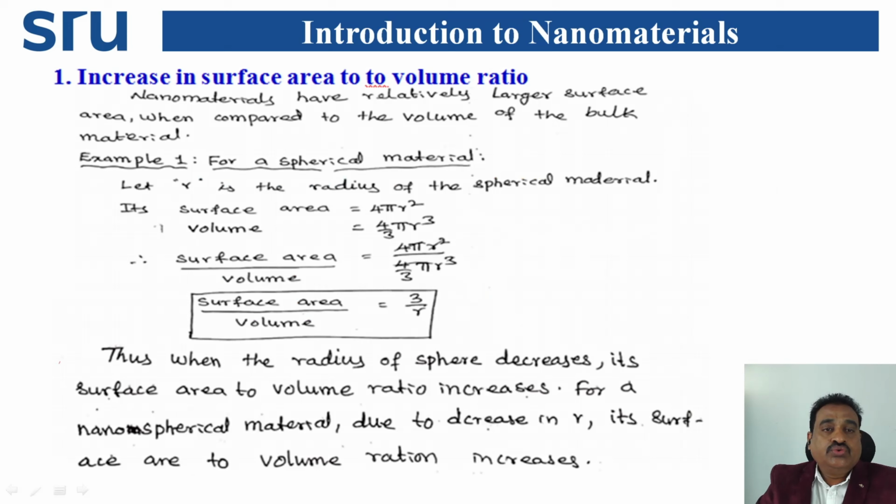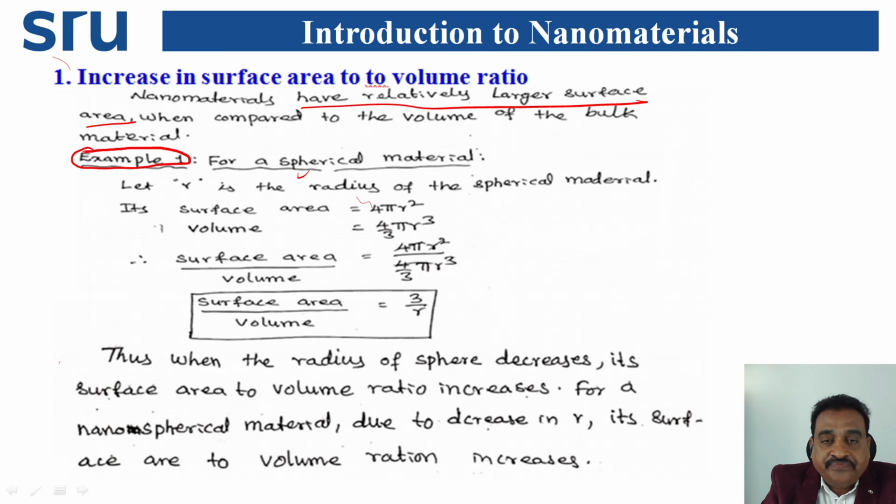Coming to the increasing surface area to volume ratio, as I wrote here, nanomaterials have a relatively larger surface area when compared to the volume of the bulk material. Let us try to understand with an example.